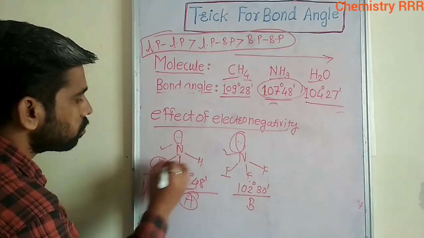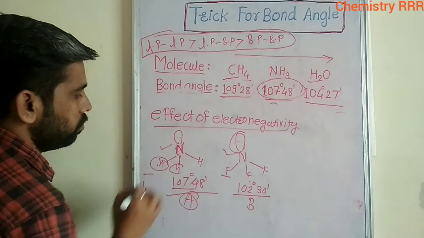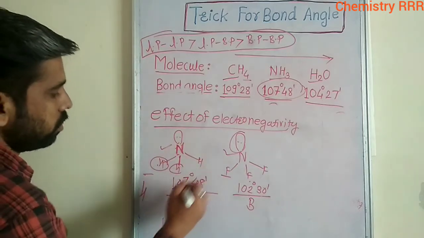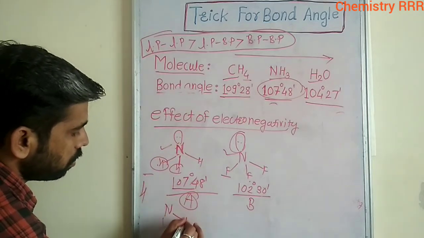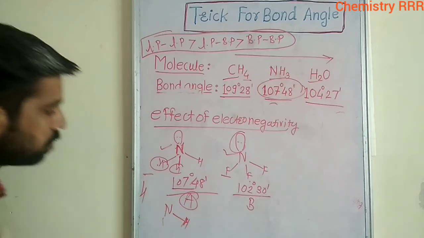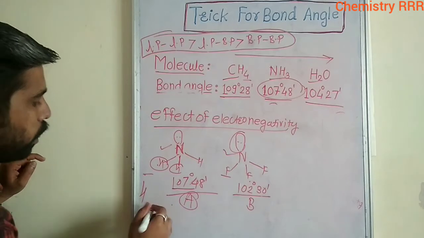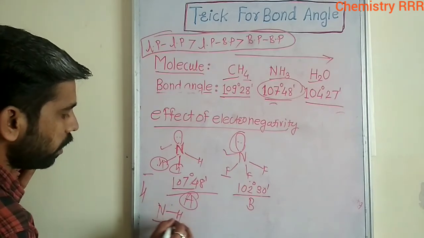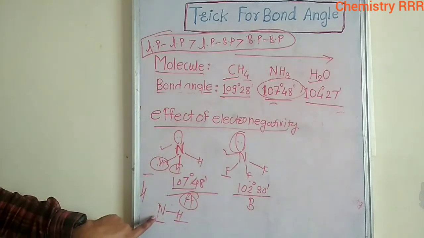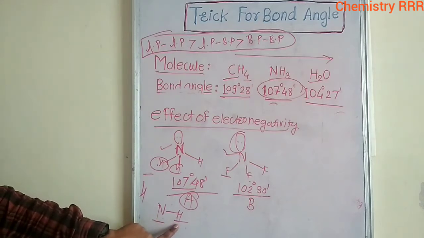That is the nitrogen. In this case, in between nitrogen and hydrogen, nitrogen is more electronegative as compared to hydrogen.